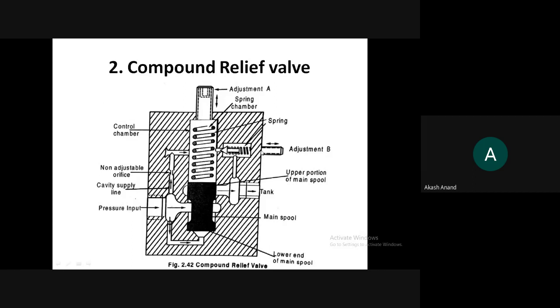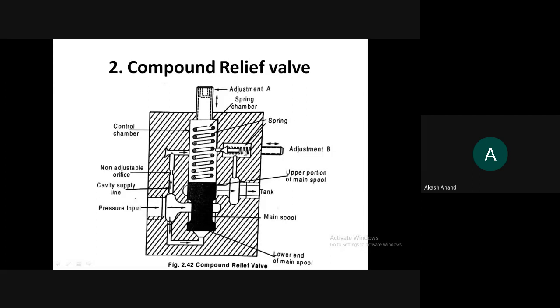You see an example. Usually, the adjustment B will be maintained at a higher threshold value of pressure. So the pressure at this point, that is pressure through the bottom pipe, will act on this main spool position. There will be a back pressure from adjustment B, so that the net pressure will be higher at this point.